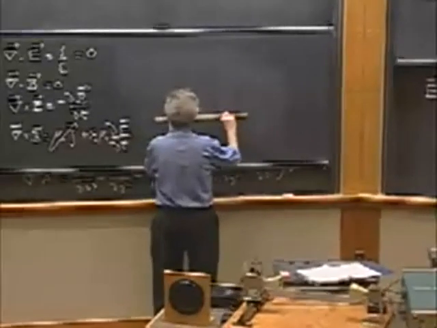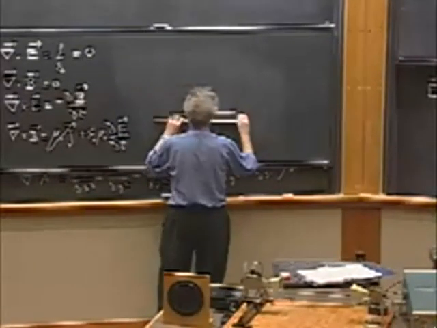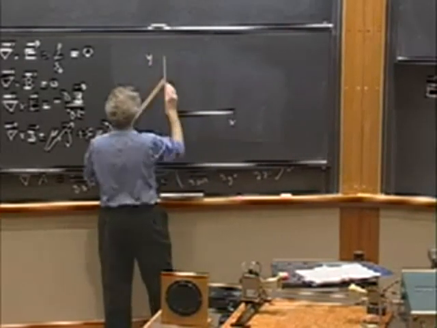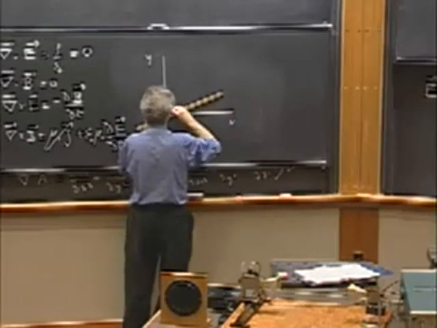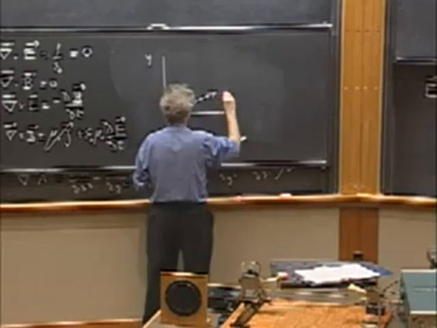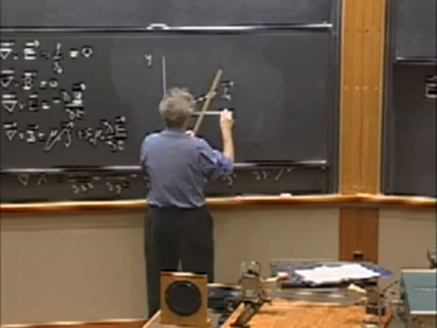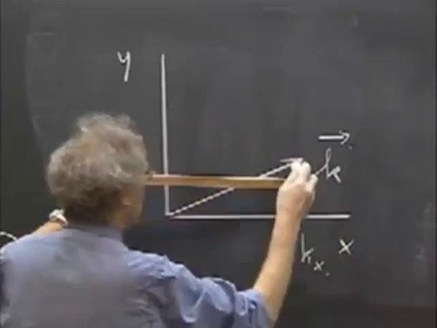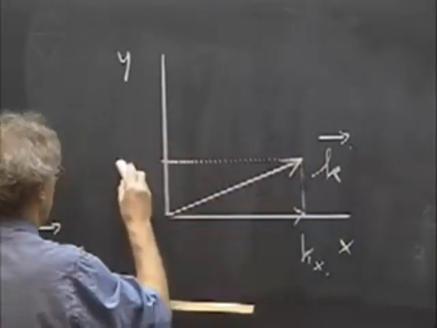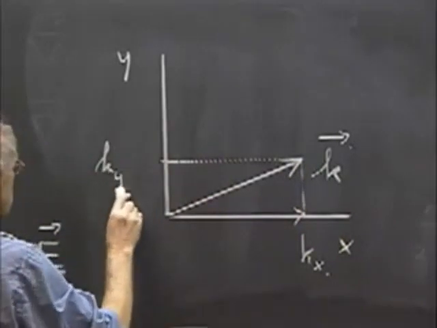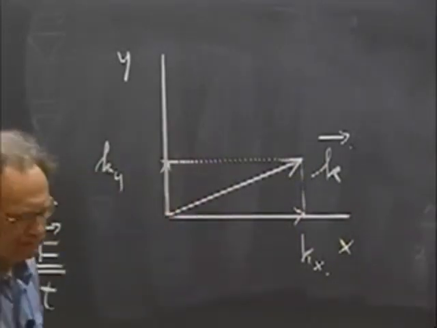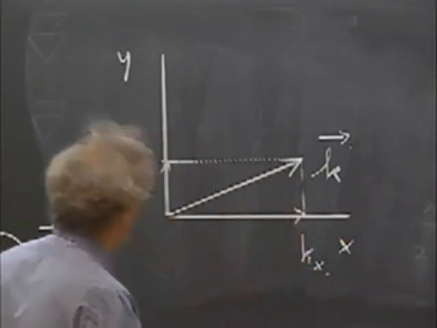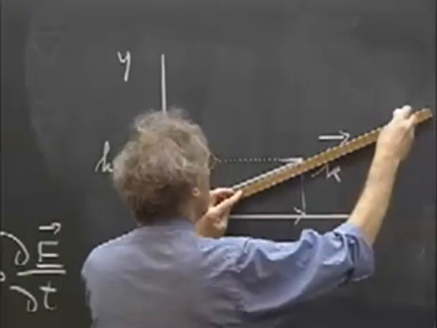So I have here the x direction, and I have here the y direction. And here I have the k vector. And so this is kx, and this is ky. It's a vector. I'm going to draw a line perpendicular to the k vector.